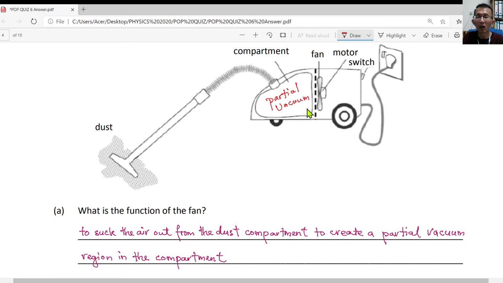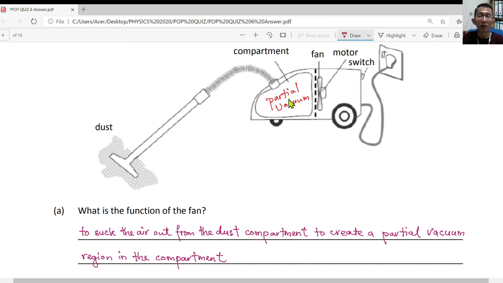Okay, why? Because the particles of the air have been sucked out. So there will be very few particles left here. Hence, the rate of collision with the wall of this compartment will definitely be reduced significantly. Since there is no collision, therefore no pressure.